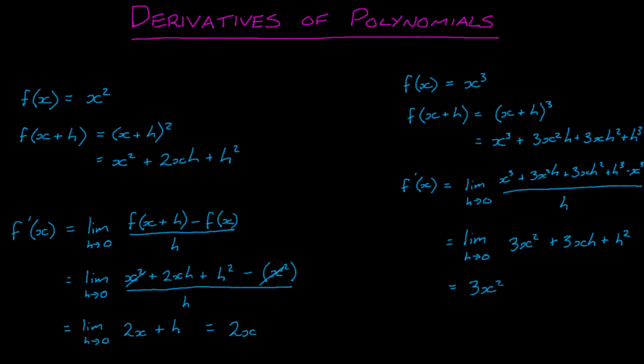If we do this enough, we find a pattern. So we already know that when our function is x squared, our derivative is 2x, and when our function is x cubed, our derivative comes out to be 3x squared.